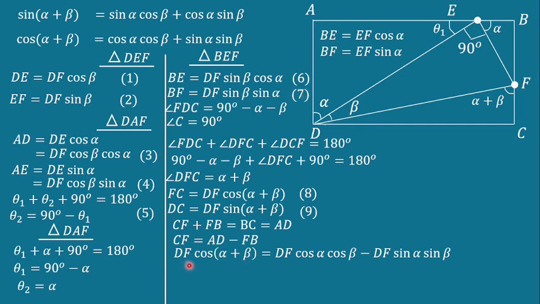So again, every term carries DF, therefore I can cancel that out from both sides, and that leaves me with cos of alpha plus beta equals cos alpha cos beta minus sine alpha sine beta, and this is exactly this second equation.